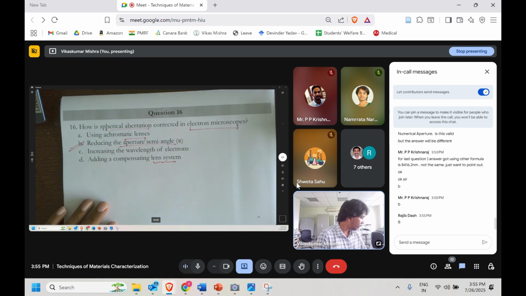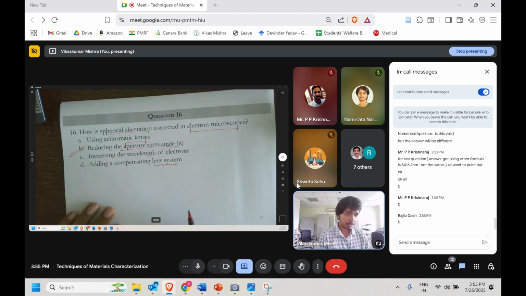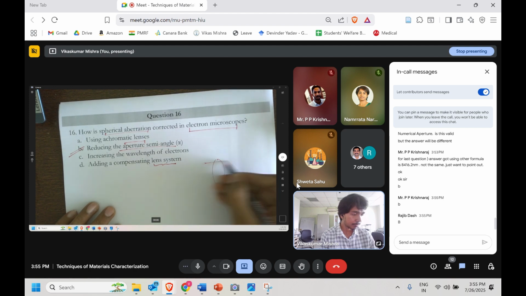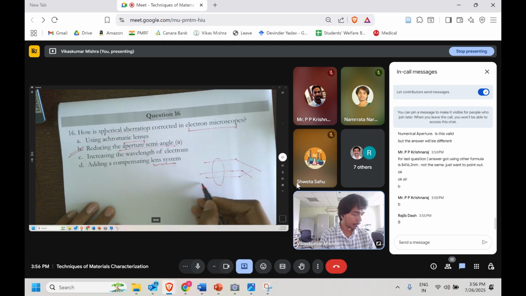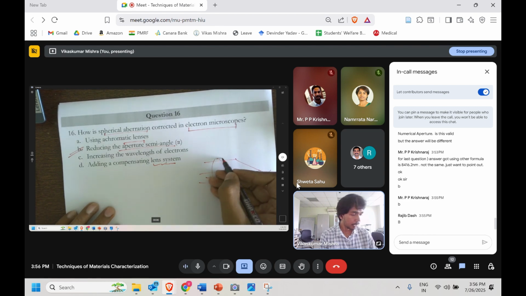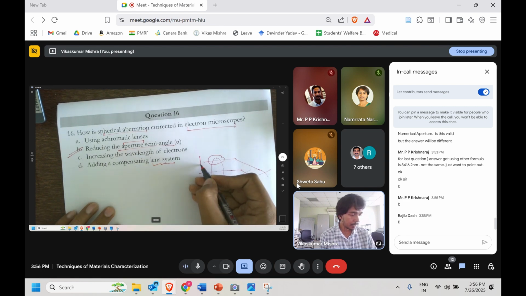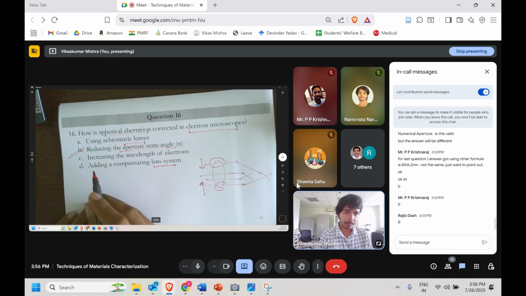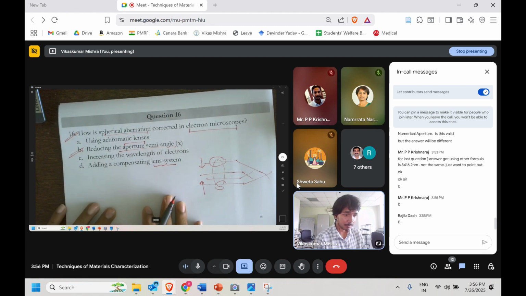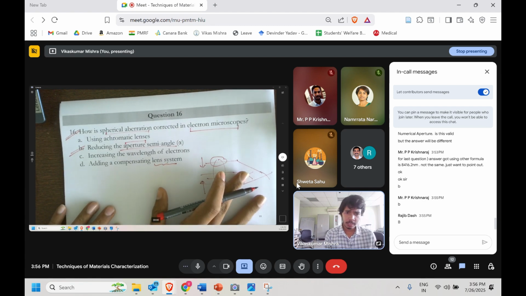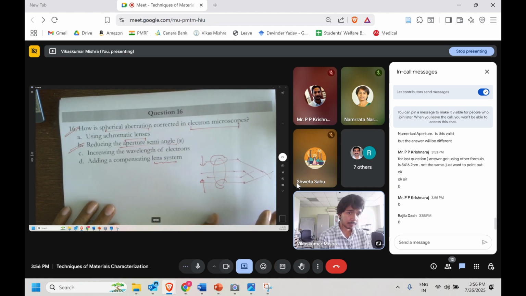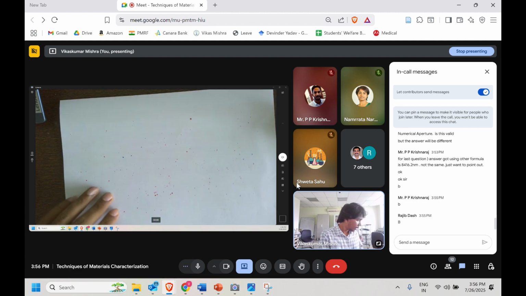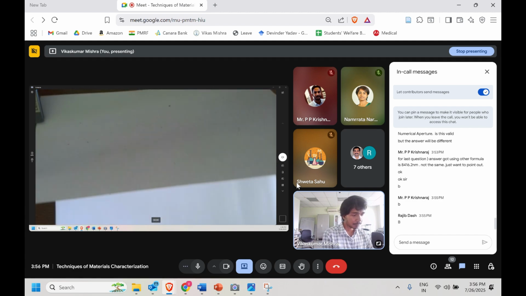In that case, we'll cut out that part. So this we can remove just by adding the aperture. Okay. So with that, we have solved question number 16. Any doubt in this question, guys? Okay. Since there is none, let's move to the next question.